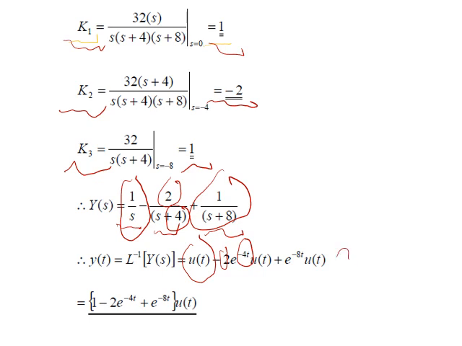So we can rearrange the function to look like this. This is the solution of the differential equation given earlier. So y of t is equal to 1 minus 2 exponential of minus 4t plus exponential of minus 8t.